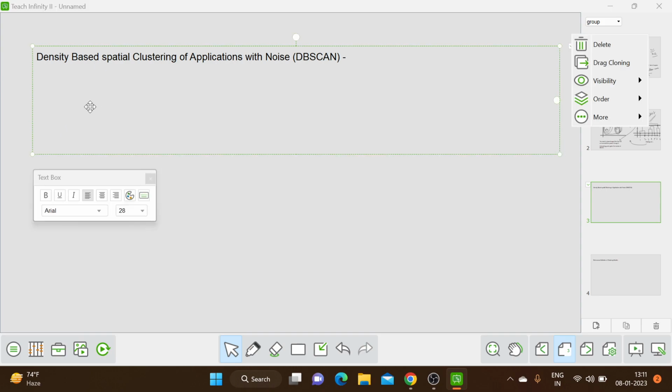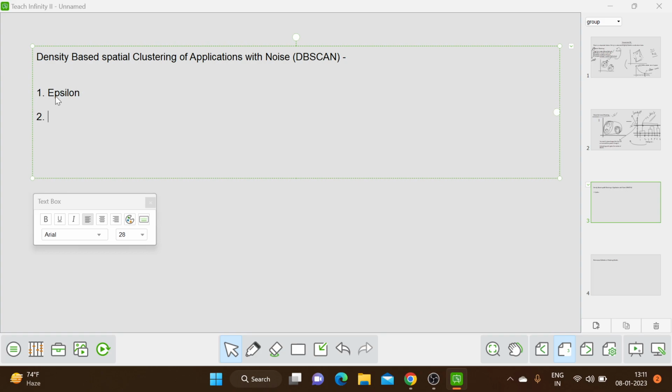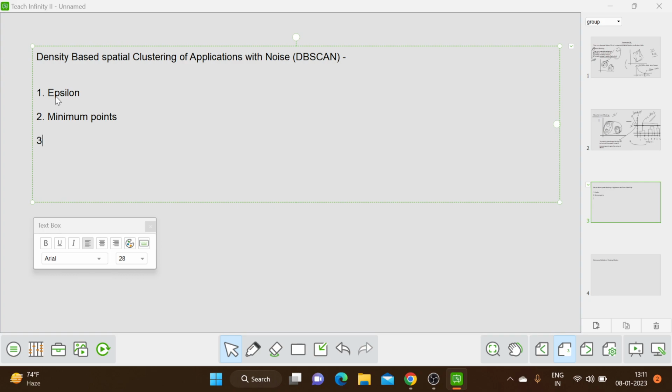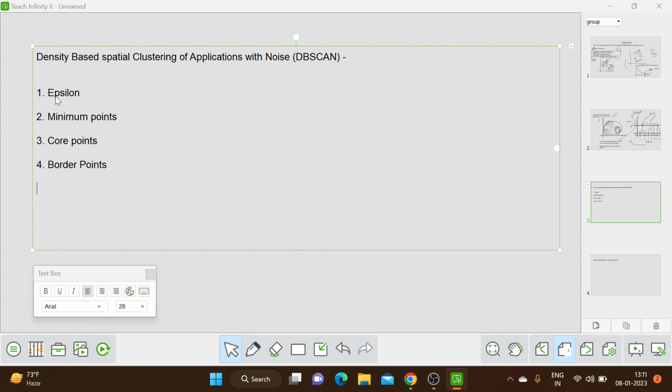For this clustering model, we need to know some important points. First is epsilon. Second is minimum points. Third is core points. Fourth is border points. And fifth is noise points.